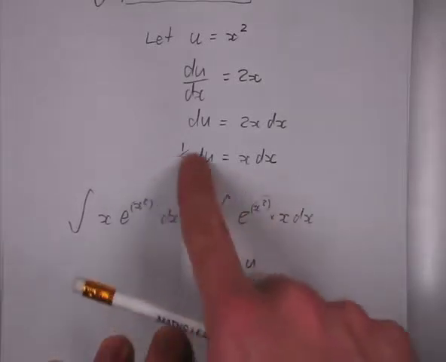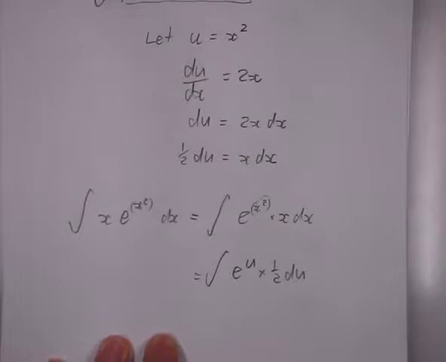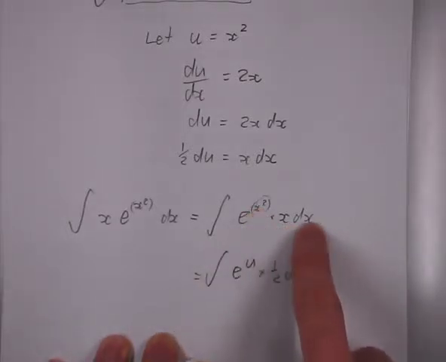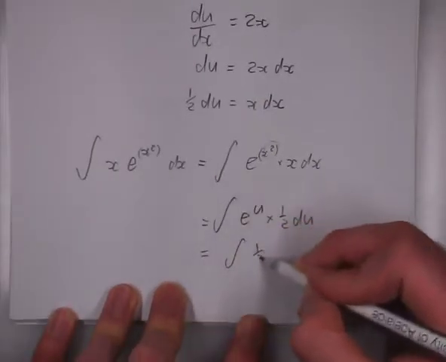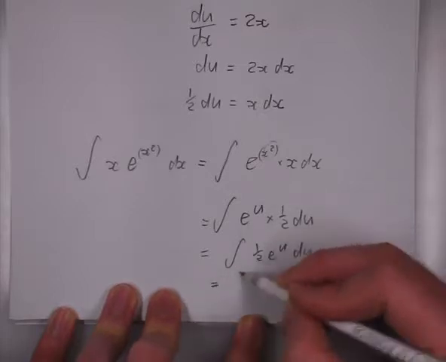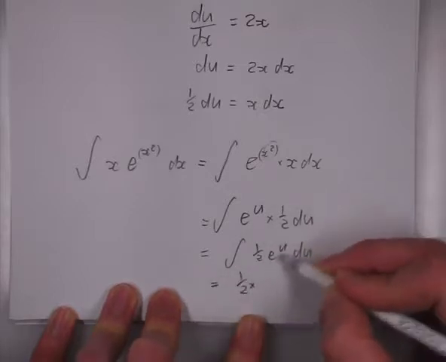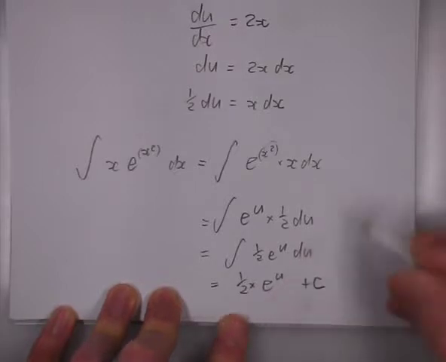The x dx is a half of du. And so I can replace all the things involving x here and the x dx here with u's and du's. So now I have the integral of half e to the u. The half being multiplied on will stay there. And the e to the u, well, that's just e to the u again when we integrate, plus c.